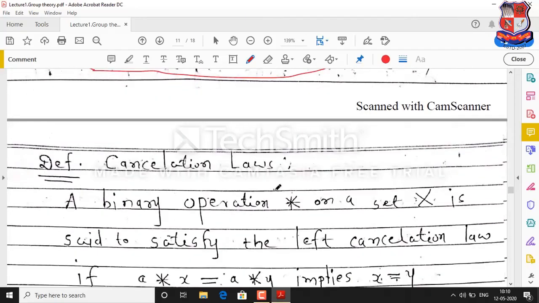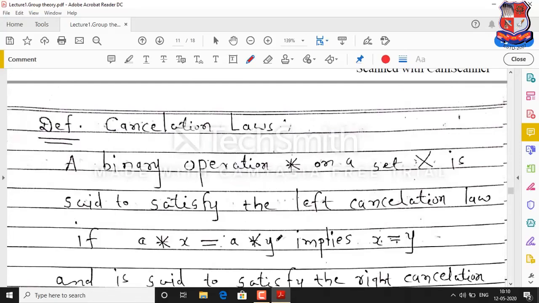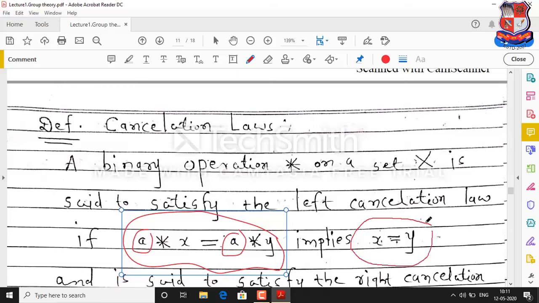Next property, cancellation law. You are familiar with this from your school level. We know that if A star x equal to A star y, then this implies x equal to y. But this is not true every time. Okay.